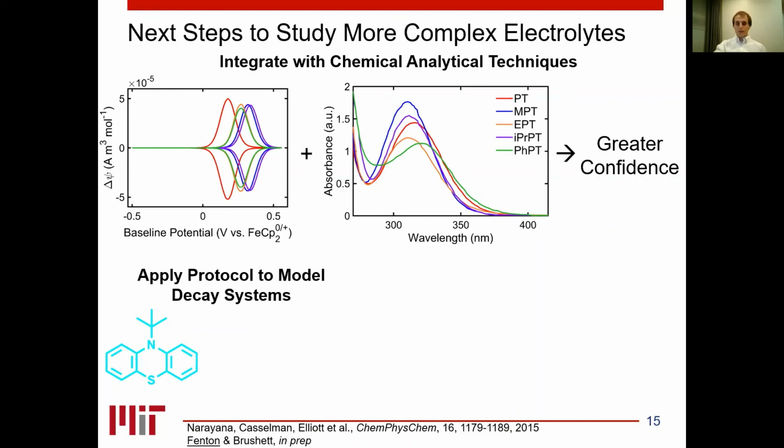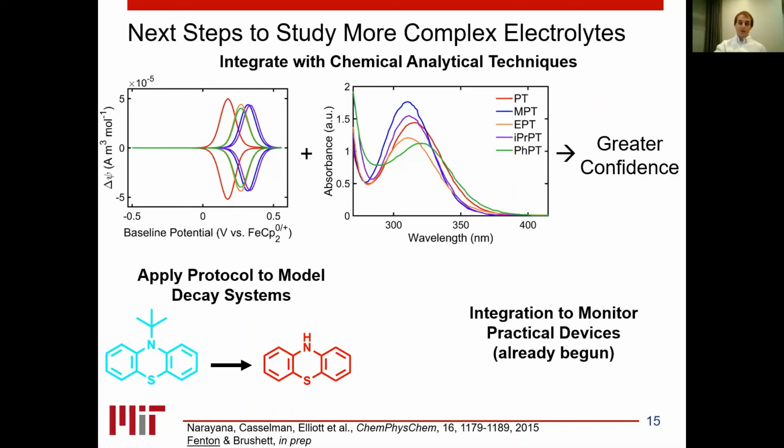More complex systems, such as those that have transient decay processes on the timescale of the electrochemical experiment, can also be performed. In this particular case, the decomposition of tert-butyl phenothiazine to that of unsubstituted phenothiazine. Further, these electrochemical probing methods can be used to monitor behavior in practical devices, and this has already begun.